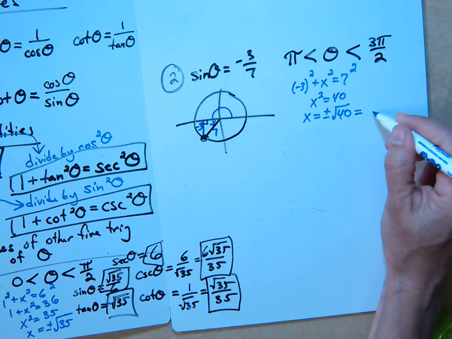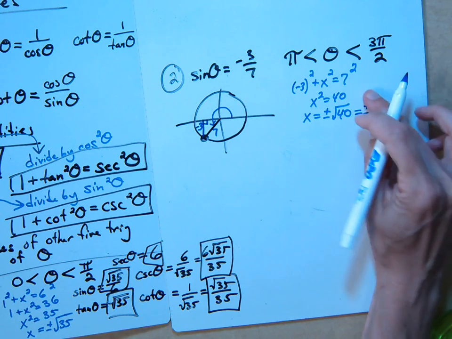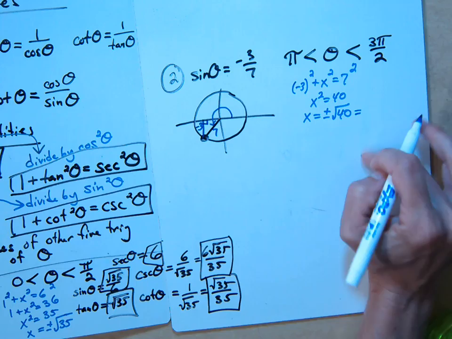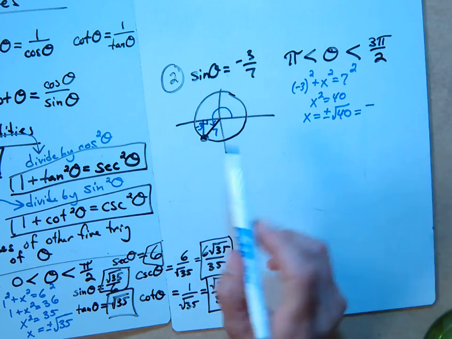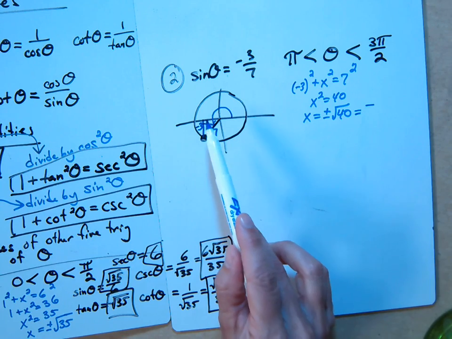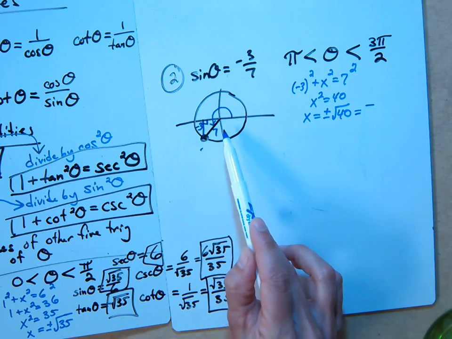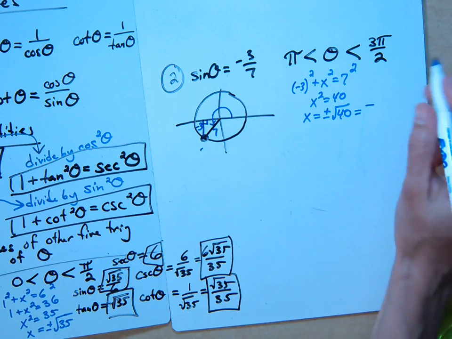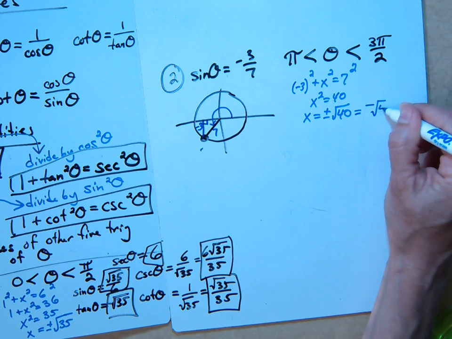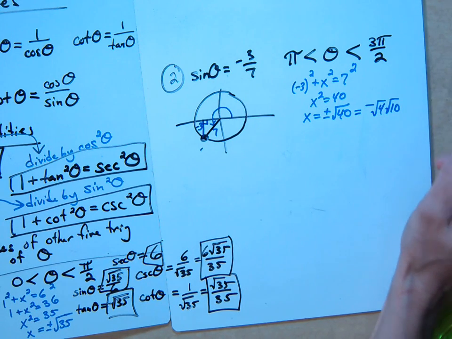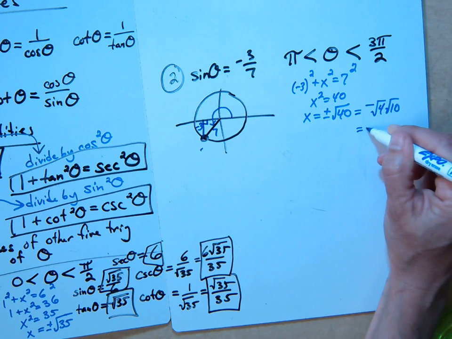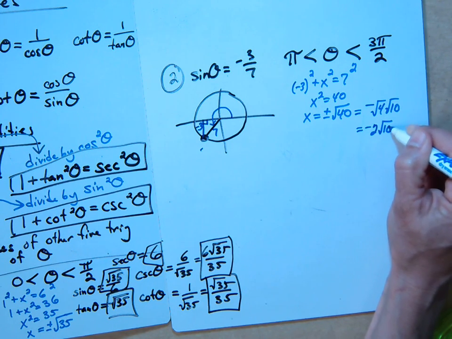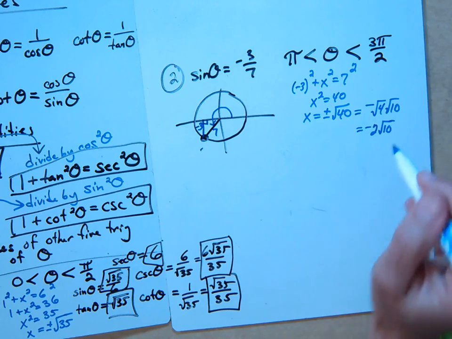Well, first of all, do we want plus or minus? That's the question. We only want to use minus, because you can see in the picture that you're going to the left and down, so it's negative, negative. So only negative, and this is the square root of 4 times the square root of 10. You can break it down. And this is a perfect square, so it's -2 root 10. And that's the best you can do for that.